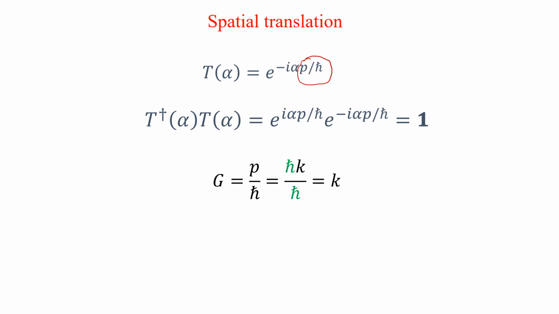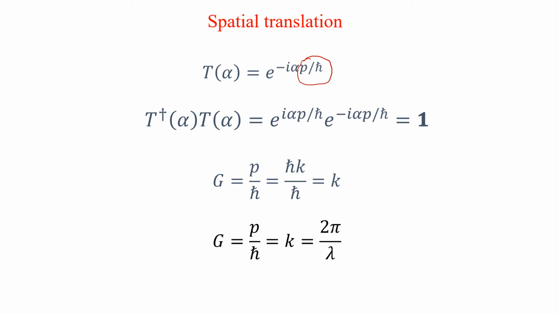The momentum operator by definition in quantum mechanics is h cross k. Here we already have h cross in the denominator, so p is h cross k, and the h cross will get cancelled, and you will get only k. The generator is p over h cross, which is equal to k, which is equal to 2 pi by lambda.